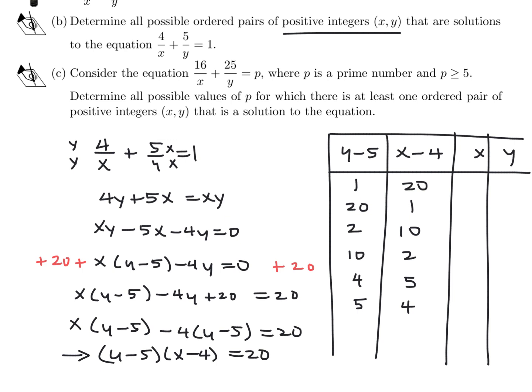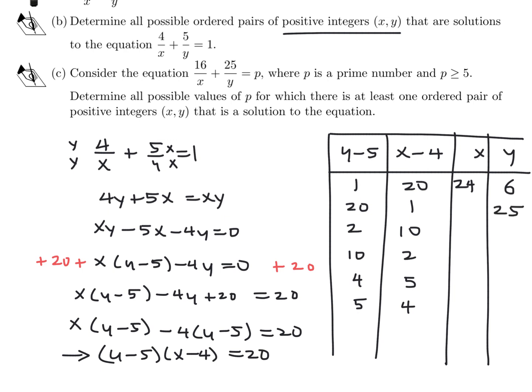So if y minus 5 is 1, that means y is 6. And if x minus 4 is 20, then x is 24. And similarly, they fill these in. If y minus 5 is 20, then y is 25.